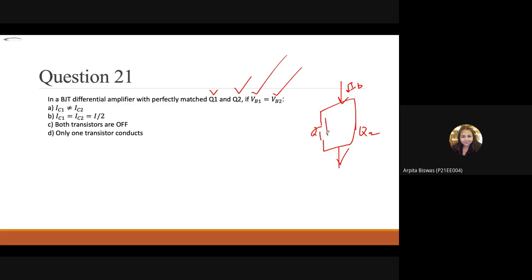If this is I1 and this is I2, and here is the total I, now tell me, if Q1 and Q2 are equal, how much current is flowing through each? Is I1 equal to I2, or I1 not equal to I2?